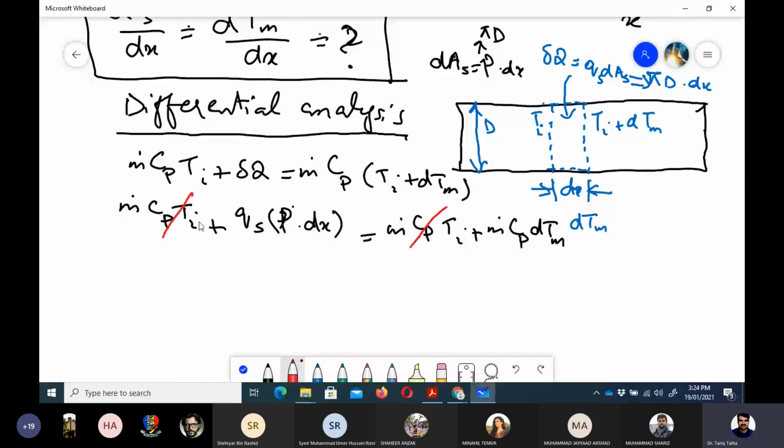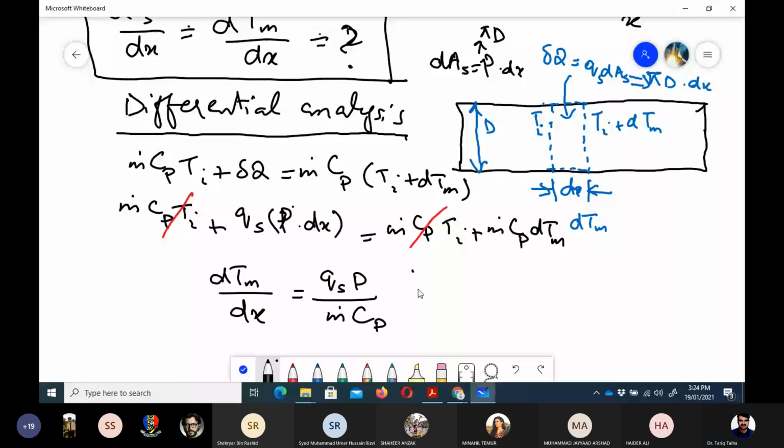From here, if I determine dTm by dx, that value would be equal to Qs into P divided by m dot Cp, right?